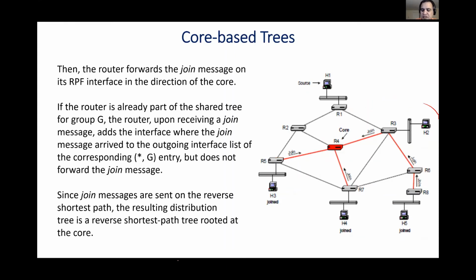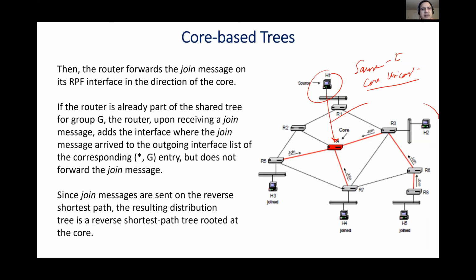So now if a source has to be changed, the source would do a unicast from source to core. So I will send a unicast message from source to core, and then core would distribute that in the tree.